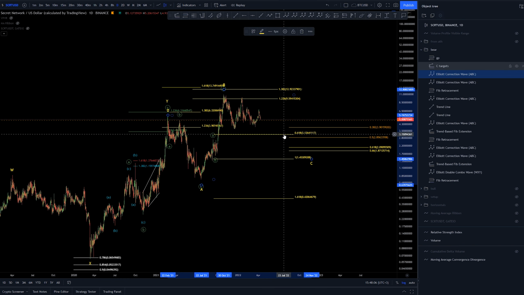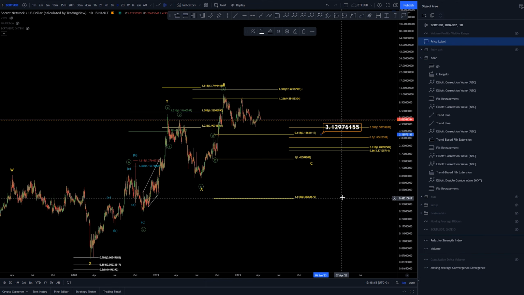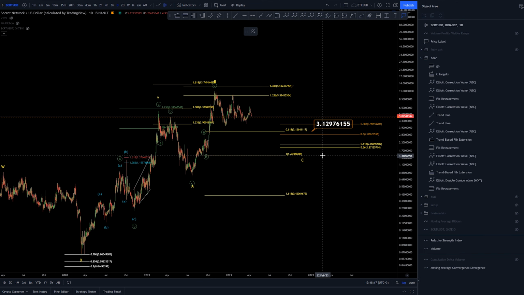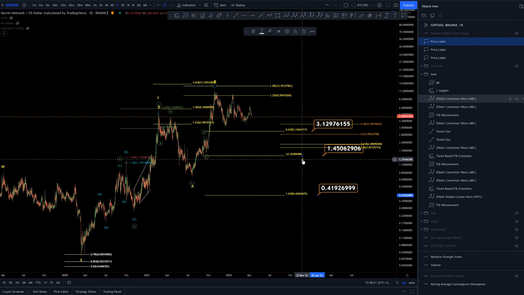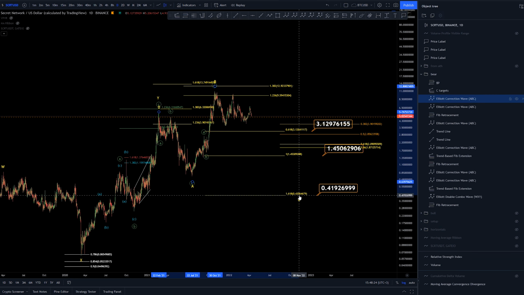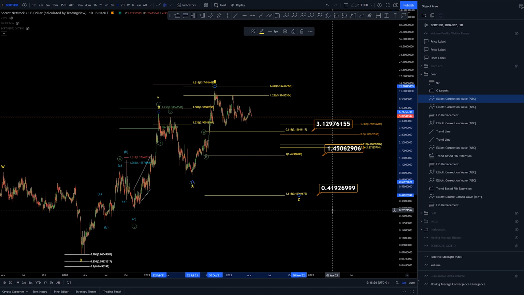Possible areas to take profit again, 0.618 here at around $3.12, and the one-to-one is again 1.45, and the 1.618, which is definitely another target that C-Wave could go to, is around 42 cents.